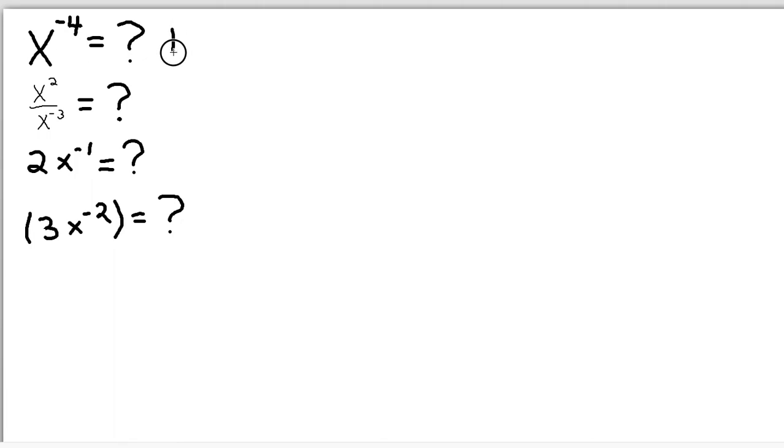So let's just say that we have 1 times x to the negative 4th. What does that equal? Well, that's just going to be the same thing. It's just going to be x to the negative 4th.